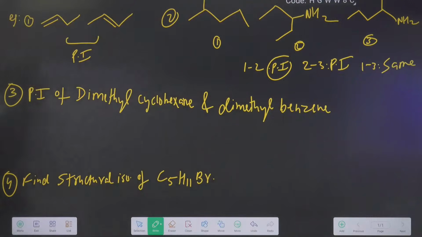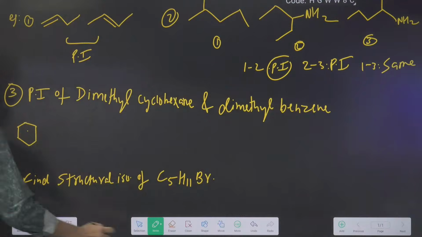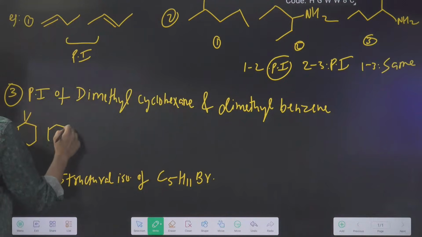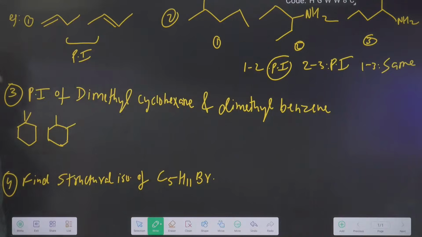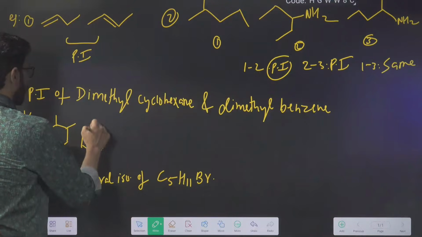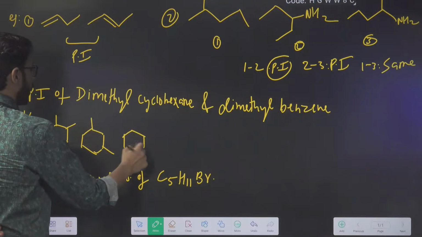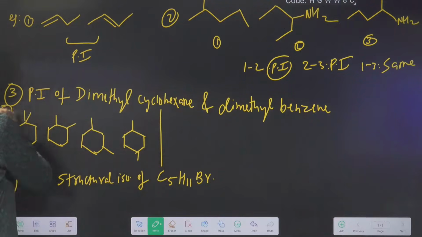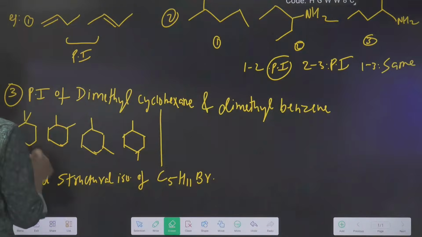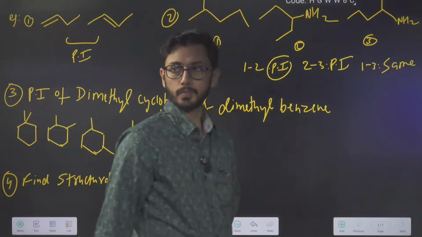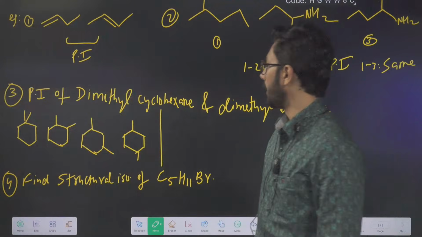Done. So here for dimethyl cyclohexane, one possibility dimethyl on same carbon, 1,1 dimethyl. Second possibility, change the position, 1,2 dimethyl. Change the position 1,3 and then 1,4. These are 4 structural isomers, and which are position isomers. Clear?